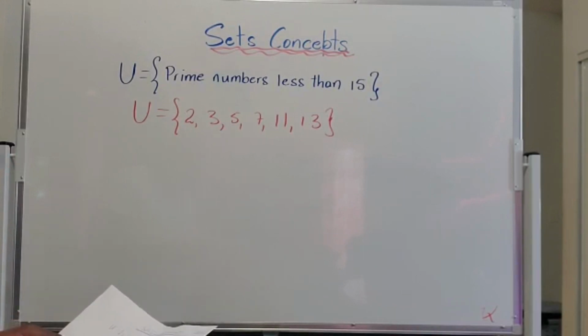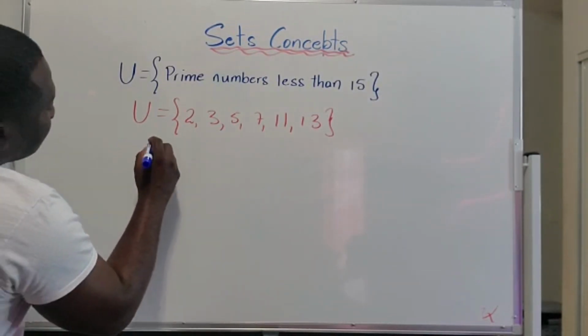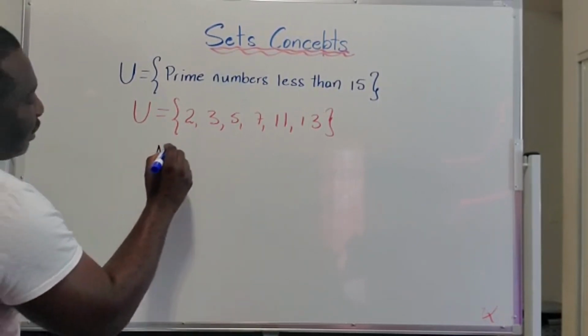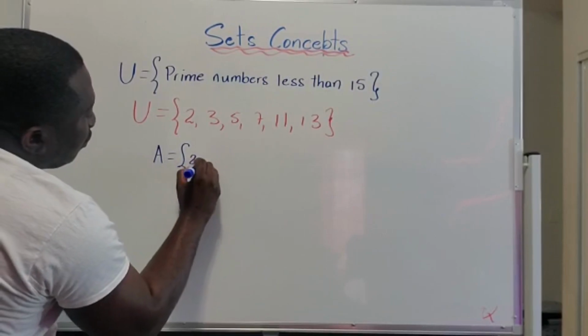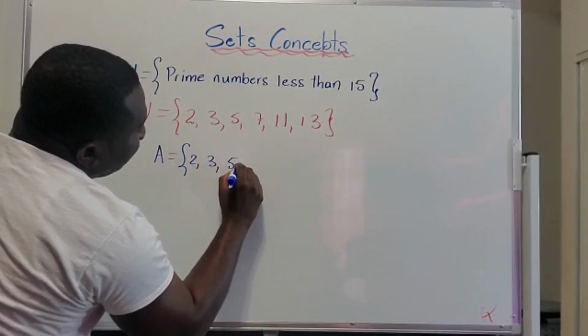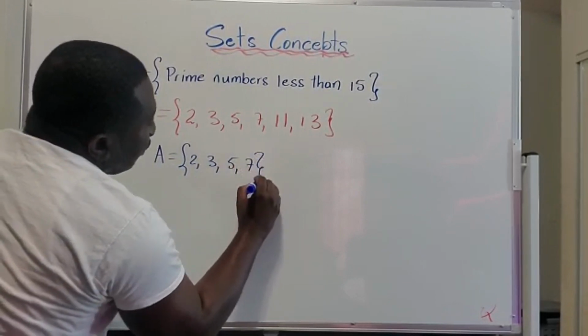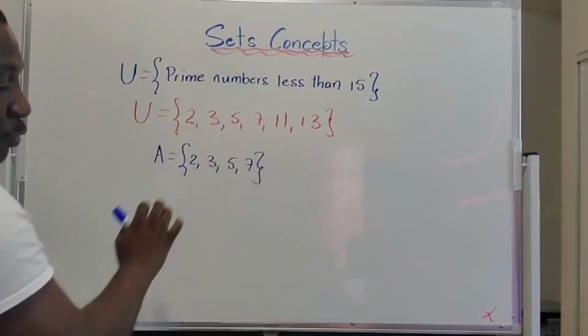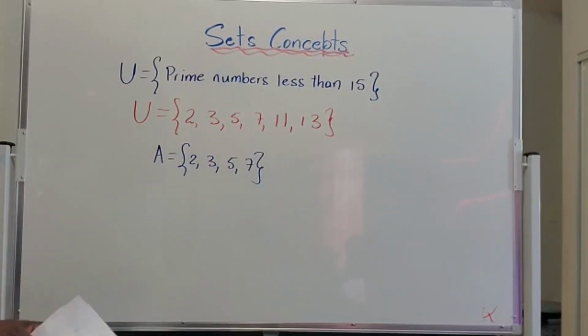In other words, they are part of the universal set. So one of my sets is going to be called A, and the elements in A are 2, 3, 5, 7. Remember, these are all subsets. These are elements that are taken from our universal set.